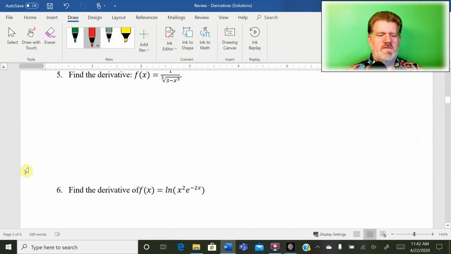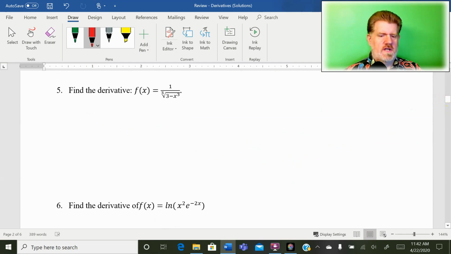All right, the derivative of this. Now, to do the derivative of this, there's a couple ways we can do it. Some of you might all of a sudden see quotient rule, but I see this: it's to the 1/3 power. Now, because it's in the denominator, it's actually a negative 1/3 power.